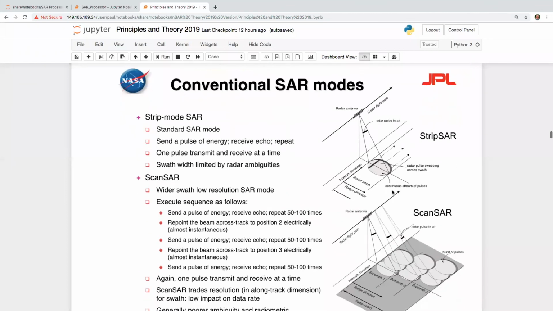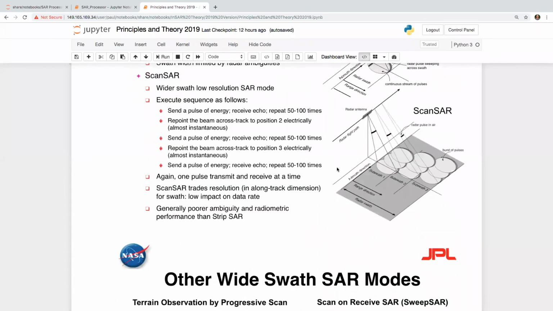So if you have a sophisticated enough antenna that allows you to change the pointing direction essentially instantaneously, electronically, then you can operate in scan-SAR mode, where you transmit a set of pulses for some portion of the synthetic aperture, and then you repoint the antenna electronically to another swath farther out, and transmit again for some portion of the synthetic aperture, and repeat that as often as needed to get the swath that you need.